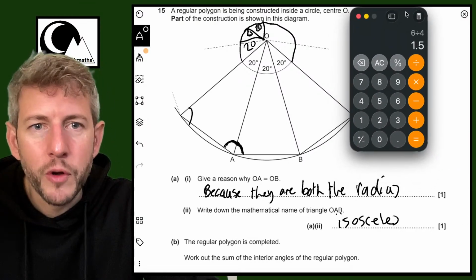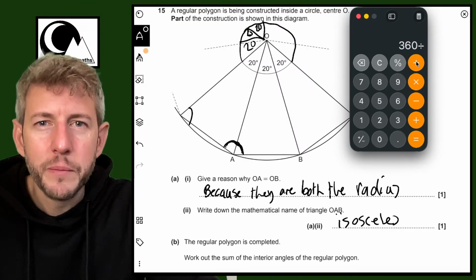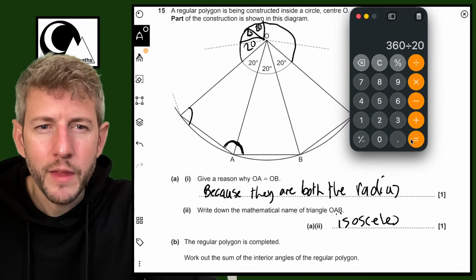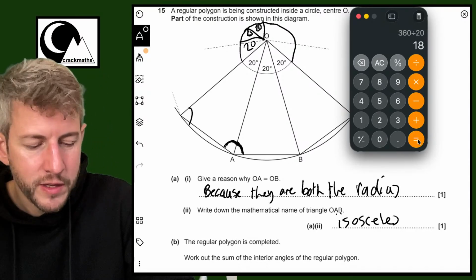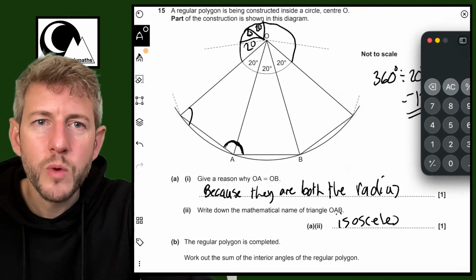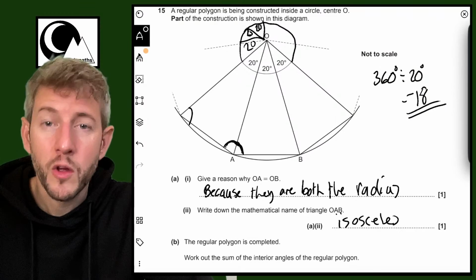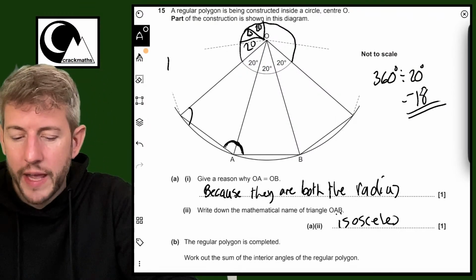So let's have a look. We've got 360 divided by 20, and that equals 18. So that is 18 segments. So we've got 18 triangles there. And now we need to work out what this angle is here. Well, angles inside a triangle add up to 180.